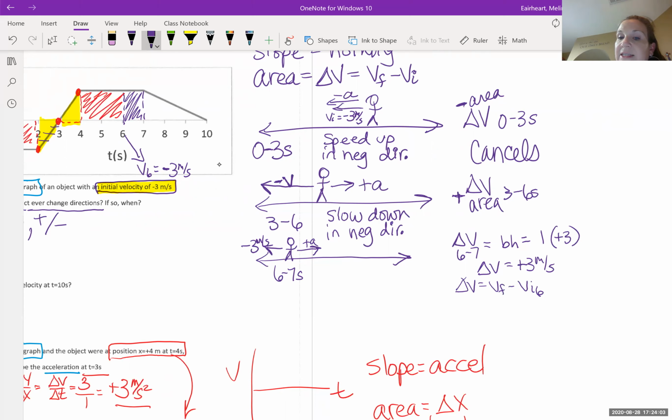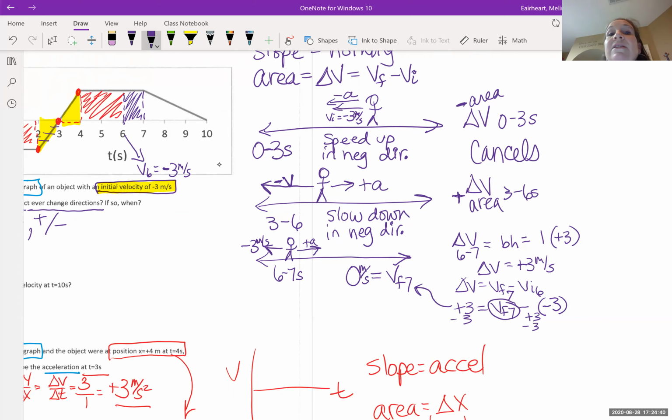And I'm starting at 6 seconds, going to 7. And so, if I have a change of +3, and I don't know the final velocity at 7, minus the, remember we return to the given, -3. And so minus a negative makes it a +3, but then I got to subtract it from both sides to isolate V7. And so there you'll notice that the velocity at the end of 7 seconds is equal to 0.